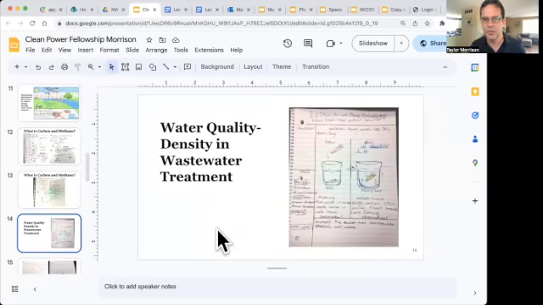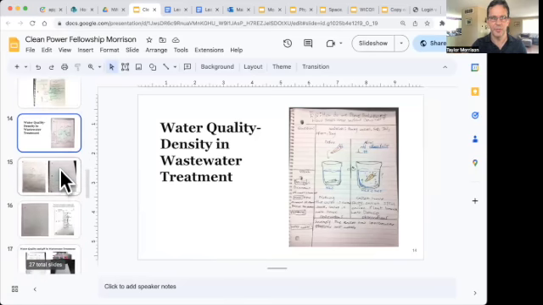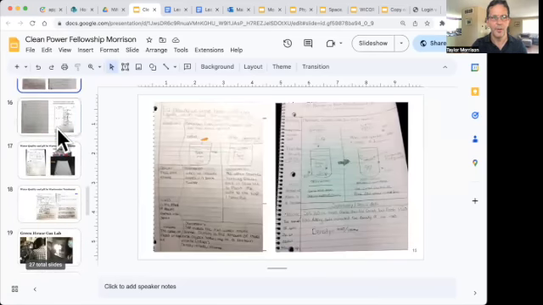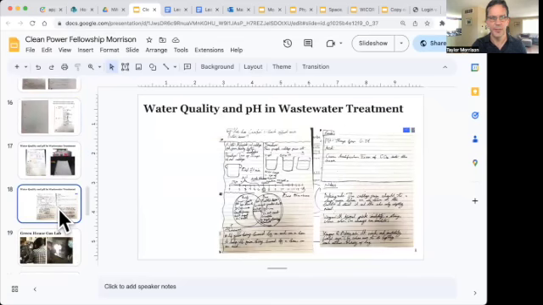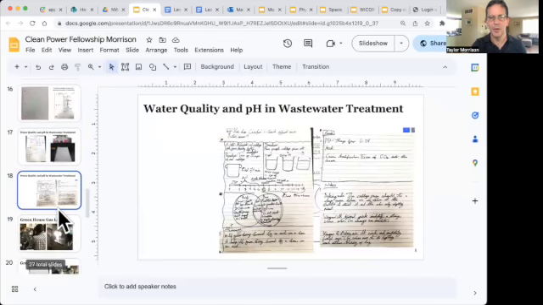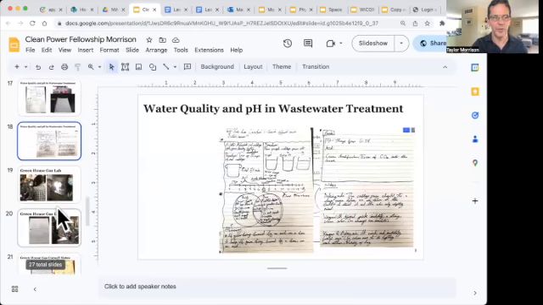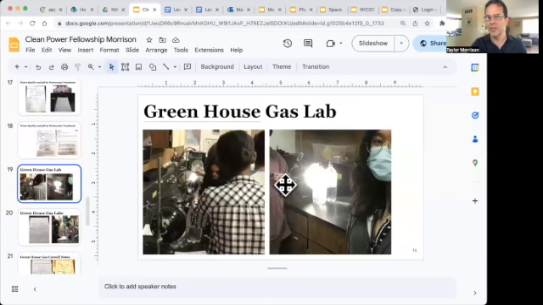And water quality, this is the experiment with the carrot, the salt water and the fresh water, and density in our wastewater treatment plants. Okay. Carbon cycle, some beautiful leaf diagrams that use microscopes. You can expand this to use in other ways. Here's the greenhouse gas lab experiment.